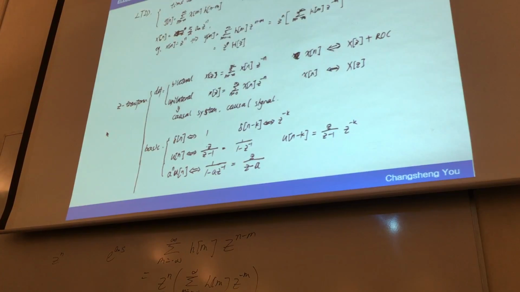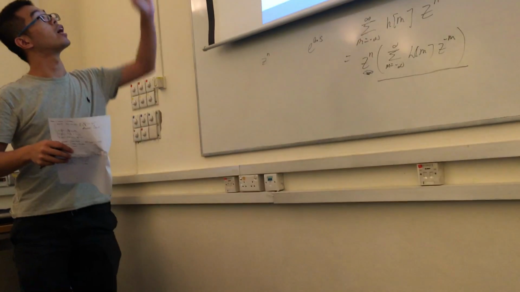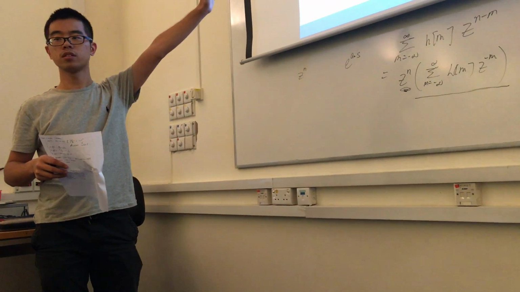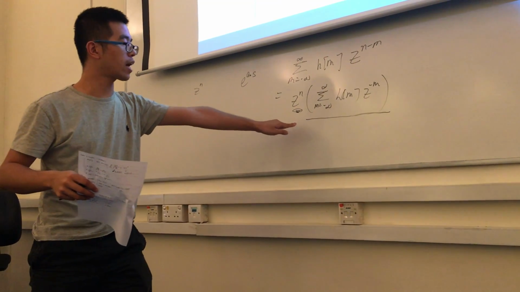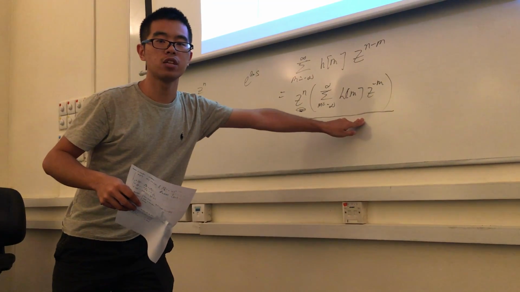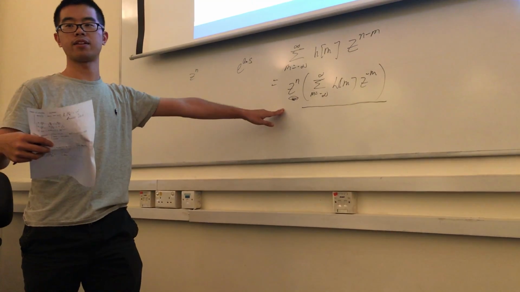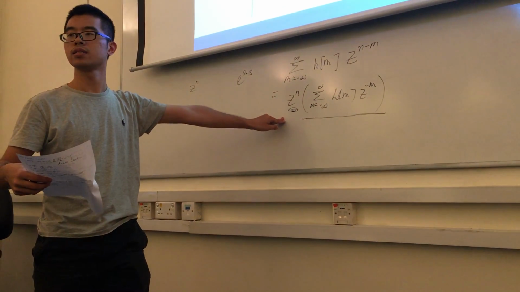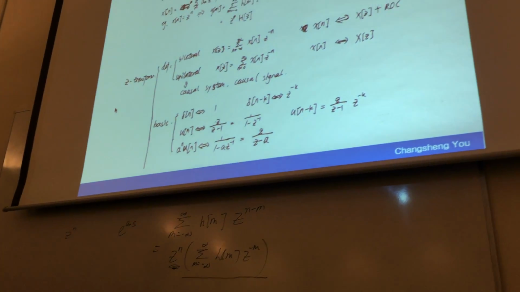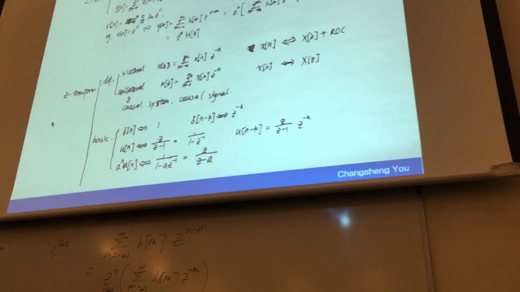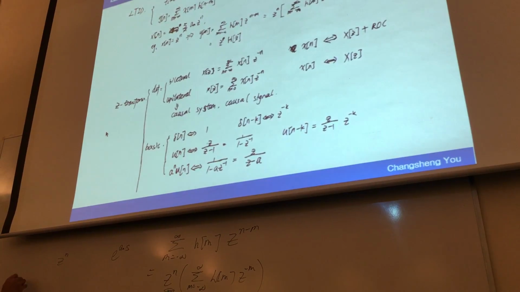So if we can decompose any signal by a combination of exponential signals, that means for the output, we can always calculate the Z transform of the system, and then multiply by the input signals one by one, and then add them together, right? So that motivates us to introduce the Z transform, according to the inverse transform.